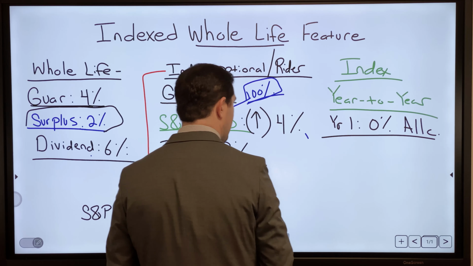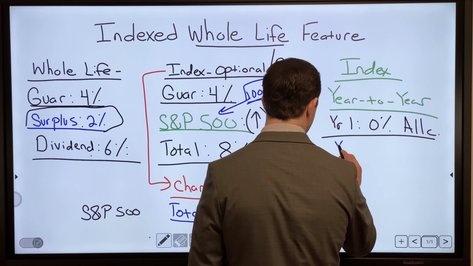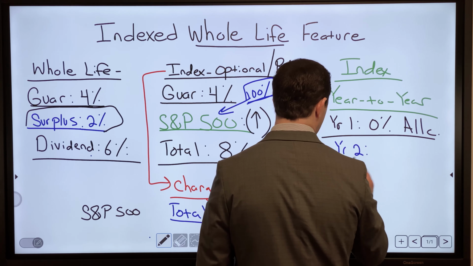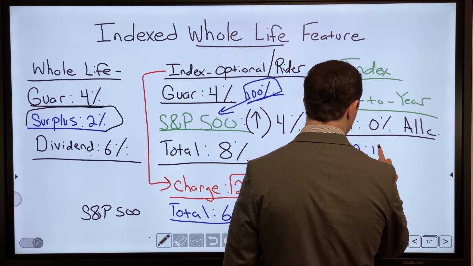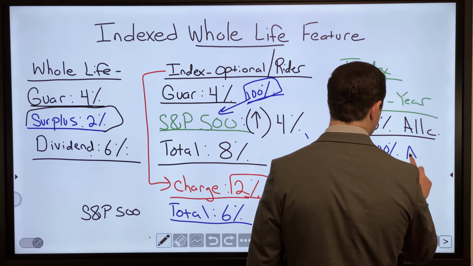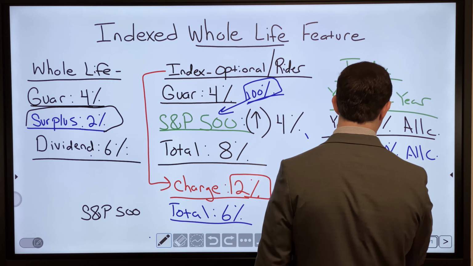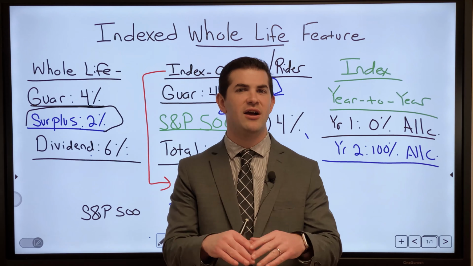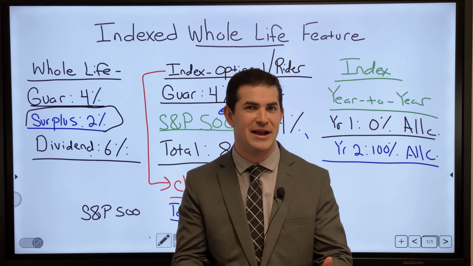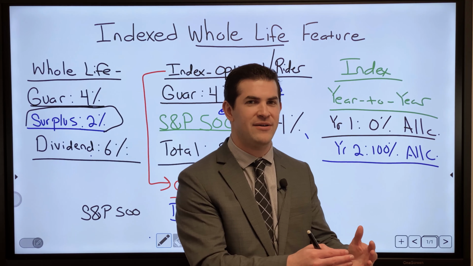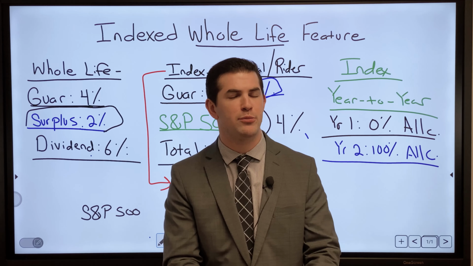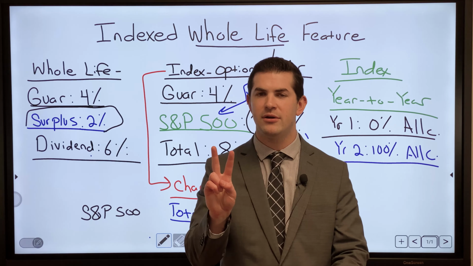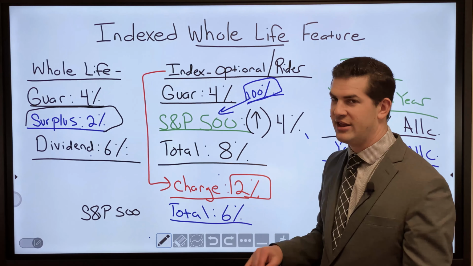Now, year two comes. You decide to allocate 100% of your cash value to the S&P 500 index strategy. What would happen is the 100% of your cash value, that's all of your cash value tied to the S&P 500 index, regardless of how it performs, receives that 2% charge, or it is assessed with that.